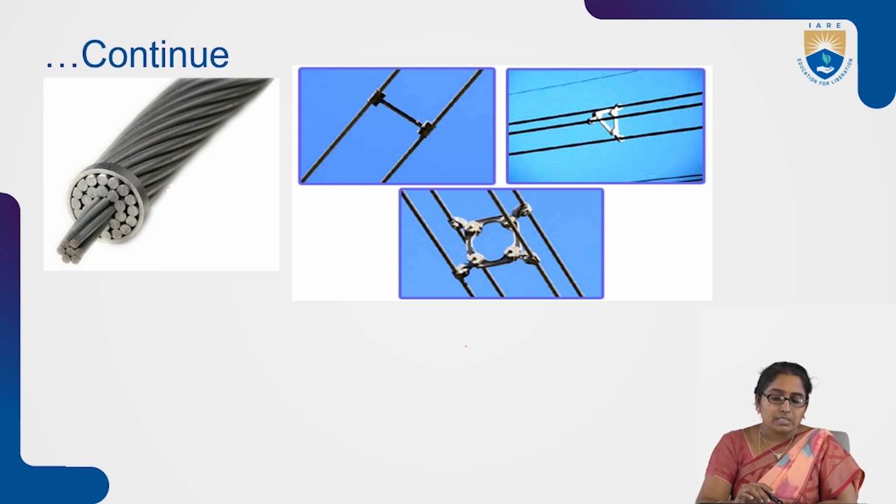In the first picture, two conductors are bundled together. In the next figure, three conductors are bundled together, and in the next figure, four conductors are bundled together. This is an example of how bundled conductors and stranded conductors look.